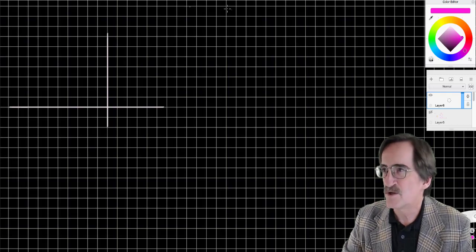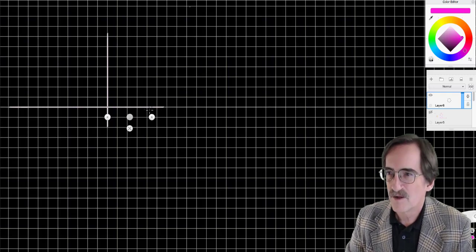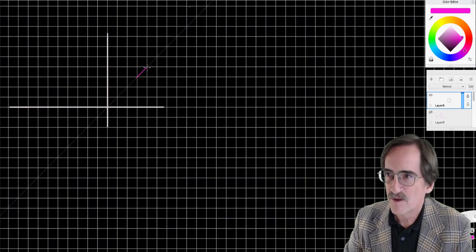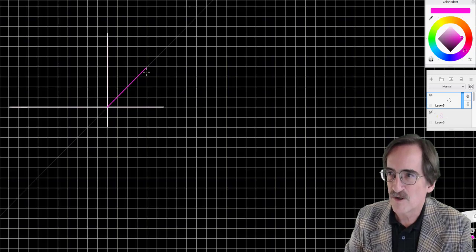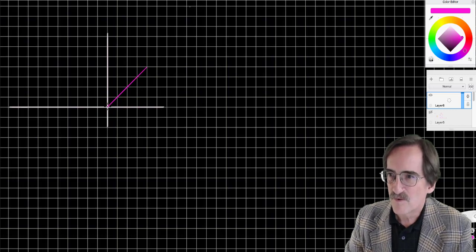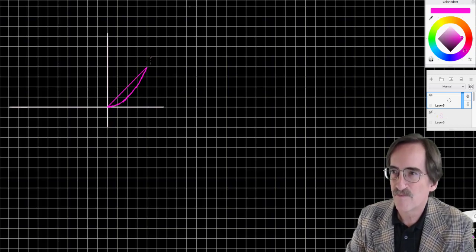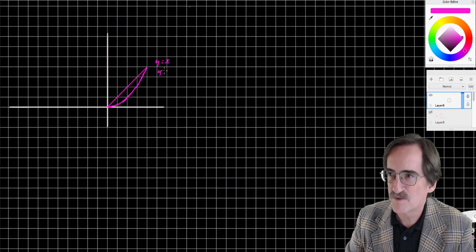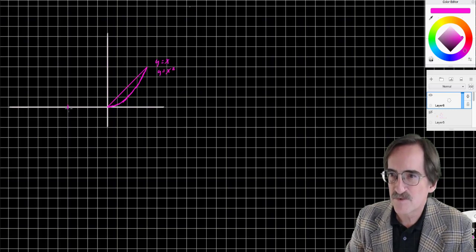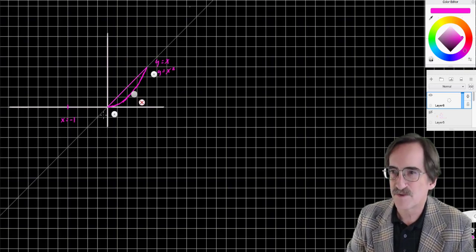So let's draw our shape here. Let's just go about to 4 here. So 4 grid marks is 1 here, okay? And we're going to take this shape bound by y equals x and y equals x squared, and we're going to rotate it around the line x equals -1.